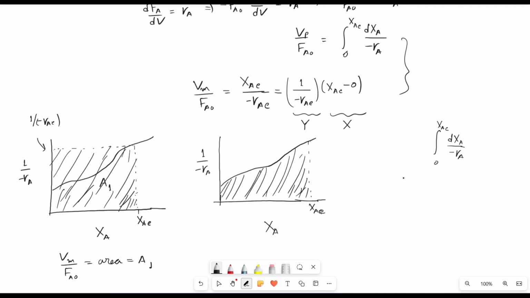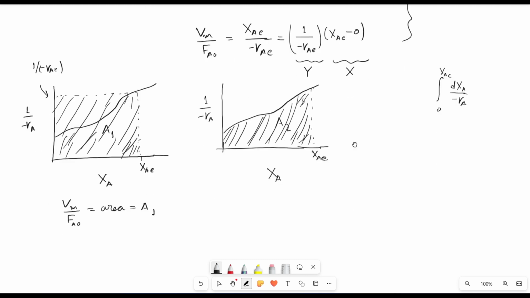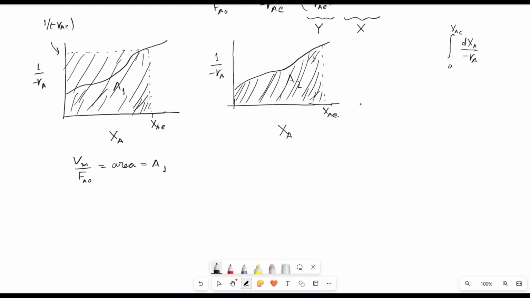This is A2. So V plug flow by FA naught, Vp meaning volume in plug flow, is the area under the integral, which is A2. Now for this curve, A2 is less than A1.